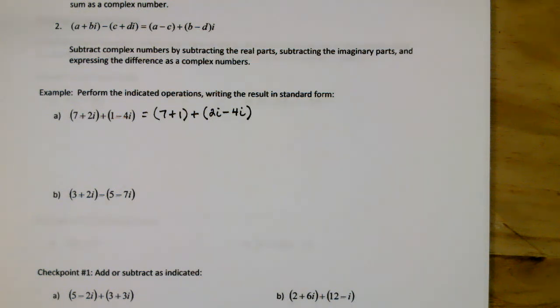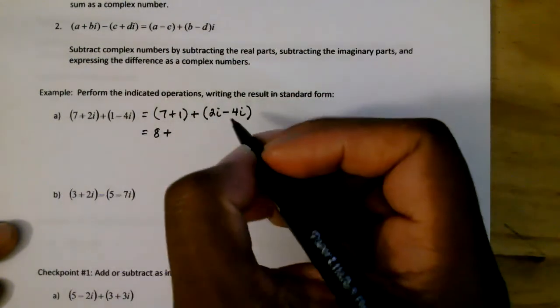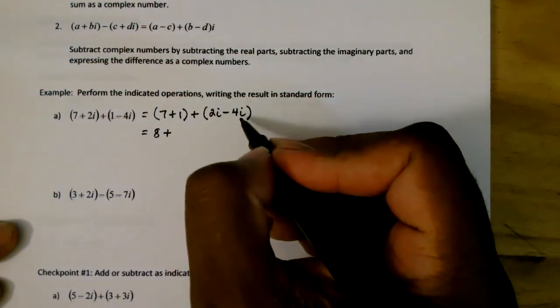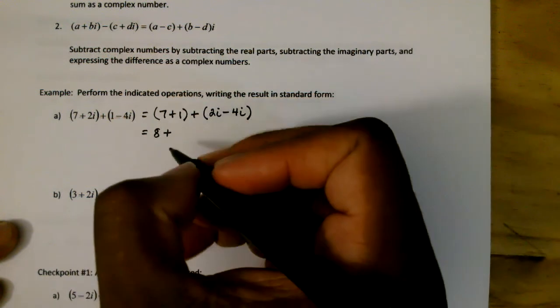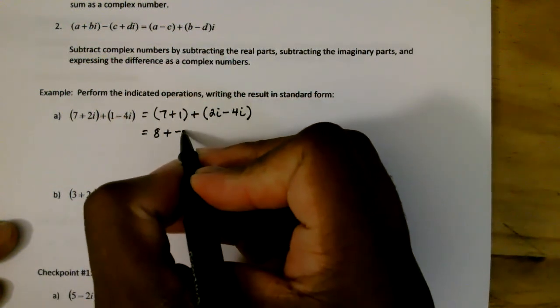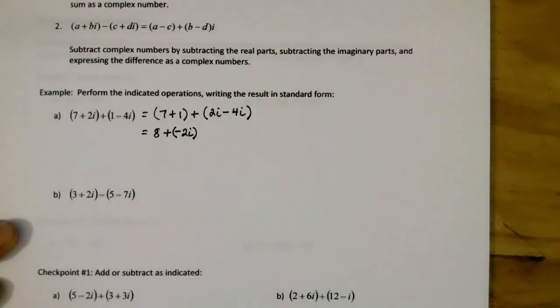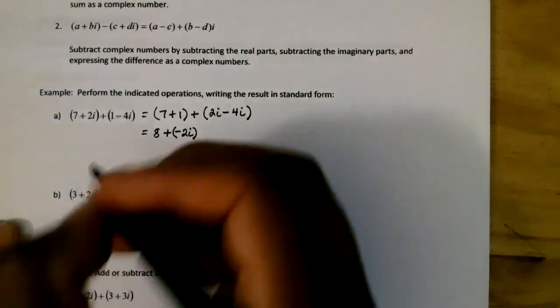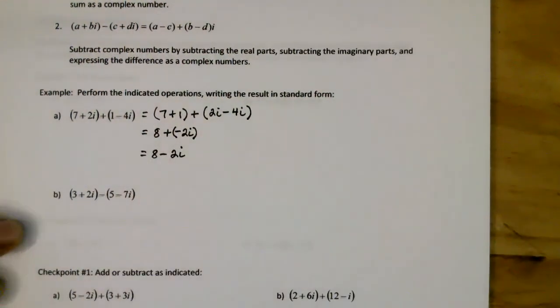Here I'm just combining like terms, grouping the real parts and grouping the imaginary parts, and then simplifying. 7 plus 1 will be 8 plus 2i minus 4i. In this case, that's going to be a negative 2i. Another way of writing 8 plus negative 2i would be 8 minus 2i as the final answer.